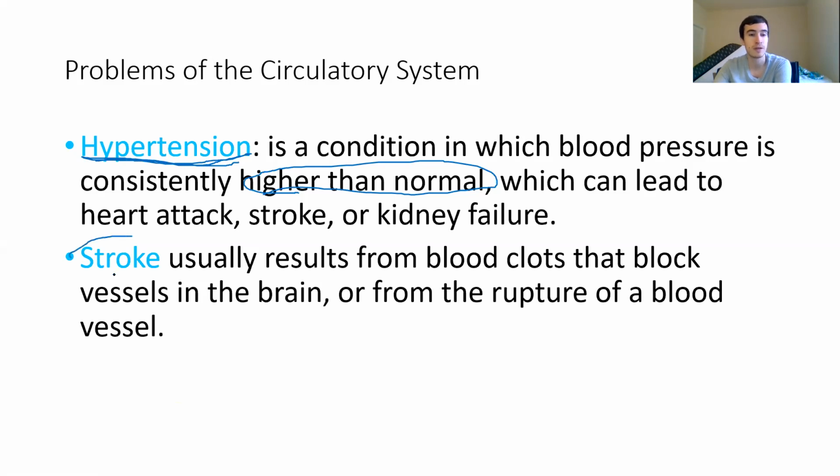A stroke is whenever you have a blood clot that travels up to your brain. The platelets are supposed to clot blood when there's an open wound, but sometimes blood clots can form inside of your blood vessels as well. And these are really dangerous because they block blood from flowing to where it's supposed to go.